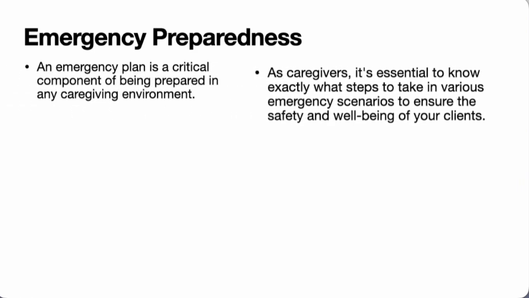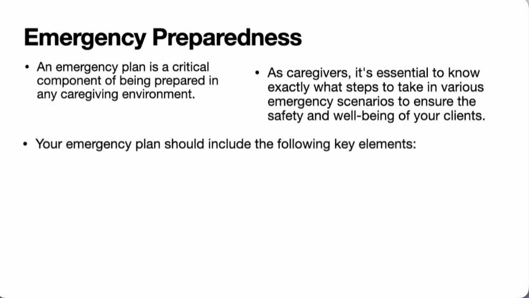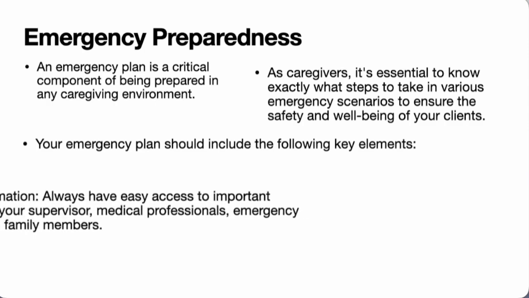Emergency preparedness. An emergency plan is a critical component of being prepared in any caregiving environment. As caregivers, it's essential to know exactly what steps to take in various emergency scenarios to ensure the safety and well-being of your clients. Your emergency plan should include the following key elements.